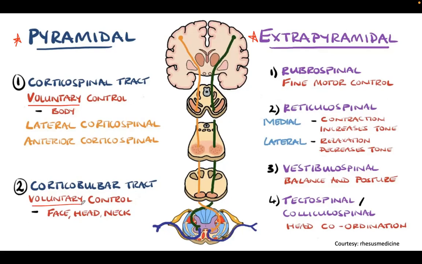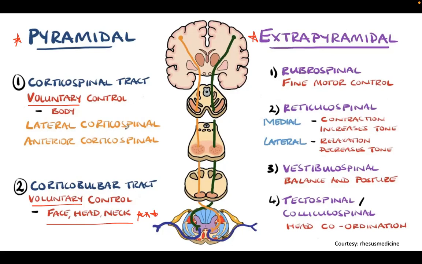The main difference is the corticospinal tract is responsible for voluntary control of the body, while the corticobulbar tract is for the head, the face, and the neck. Please remember this. What pyramidal tract is responsible for voluntary control of the face, head, and neck? It is the corticobulbar tract.